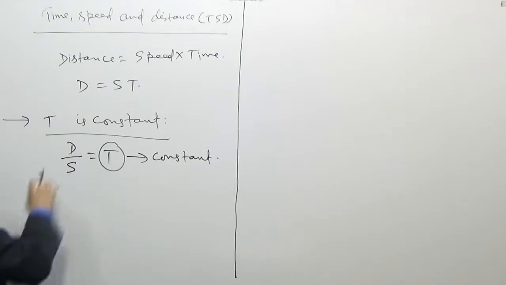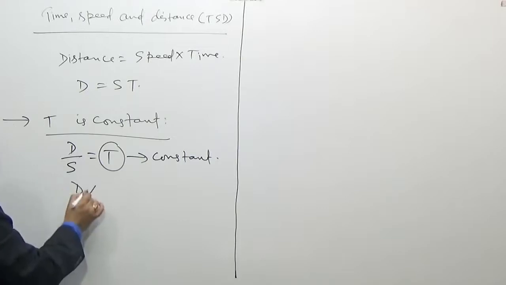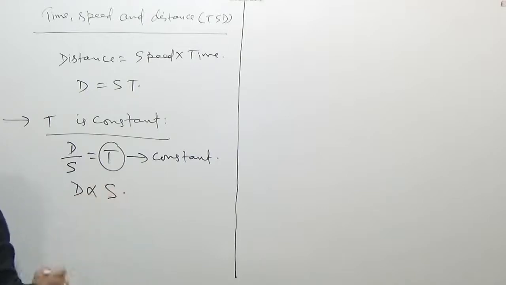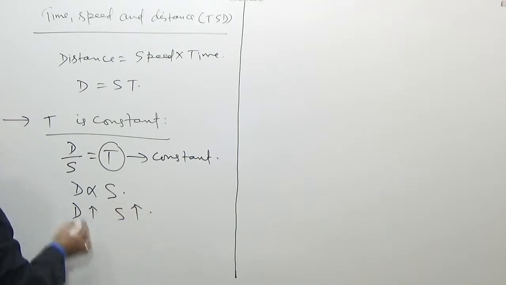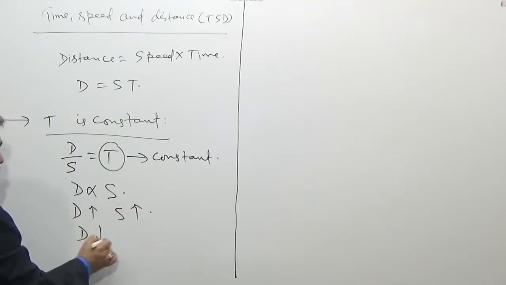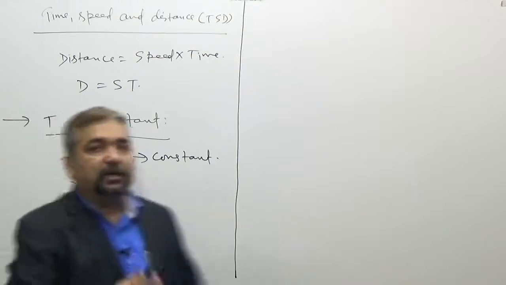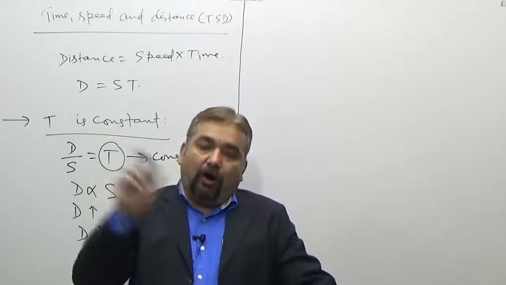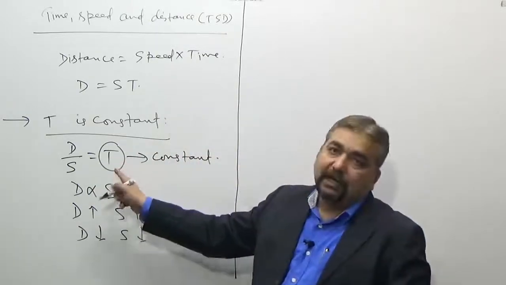And so the ratio of distance and speed is constant, means distance is directly proportional to speed. Means distance increases when speed increases, distance decreases when speed decreases, and vice versa. When speed increases, distance must increase, or when distance increases, speed must increase, given that time is constant.